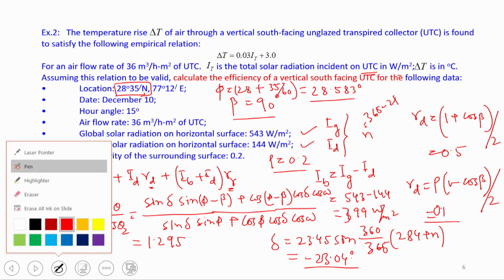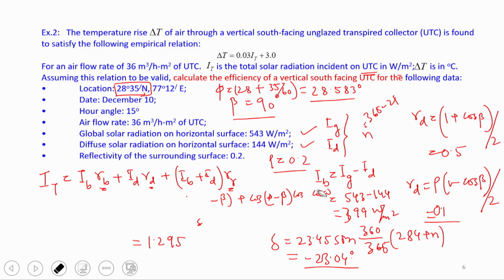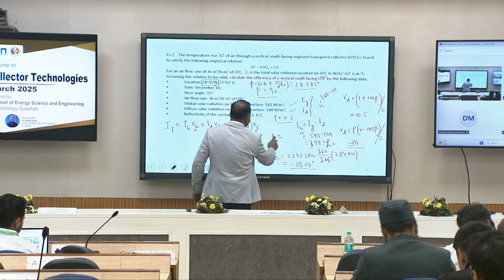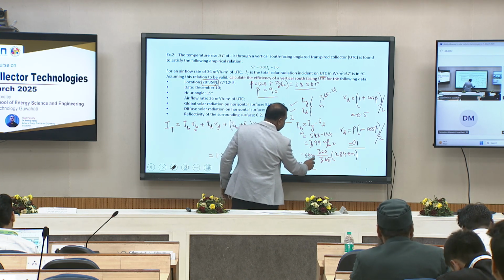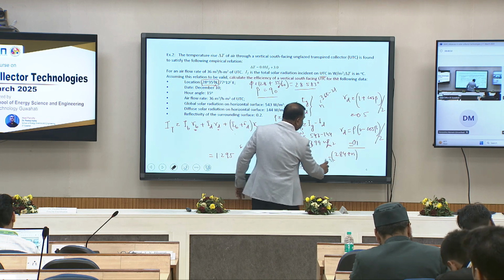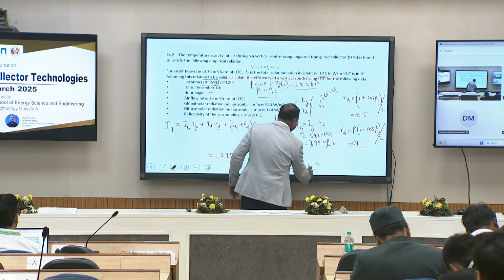So now you substitute these values here in IT and then you see what value you get. I will just rub this part. Now these are not required, already you have used those values.